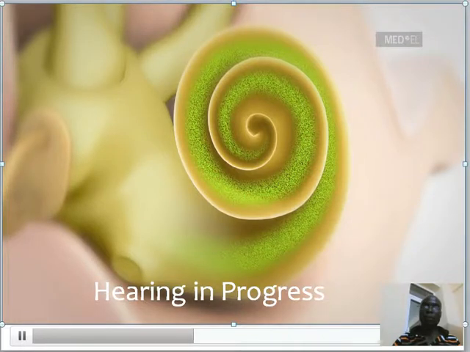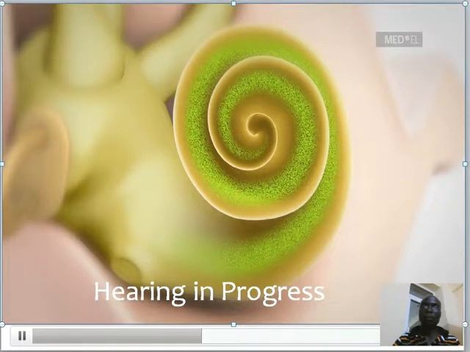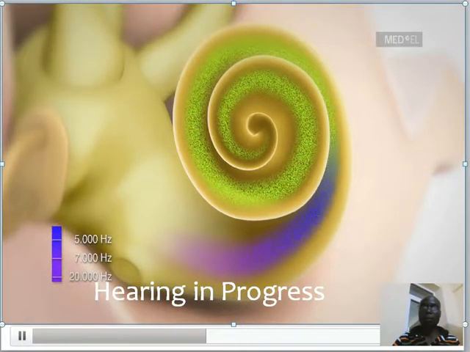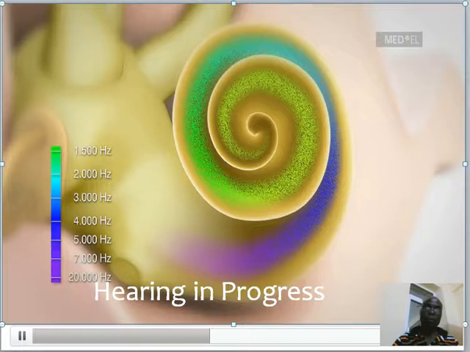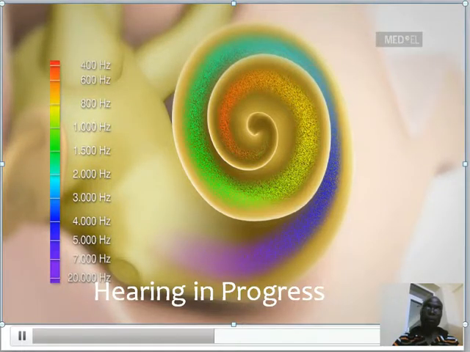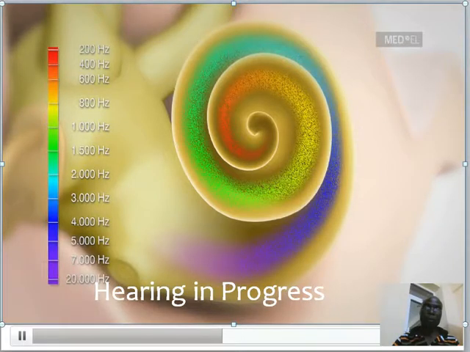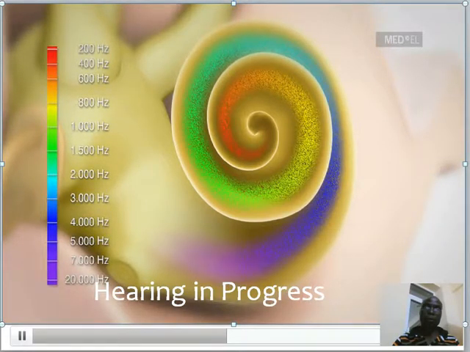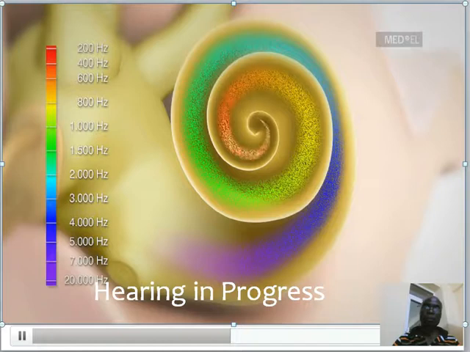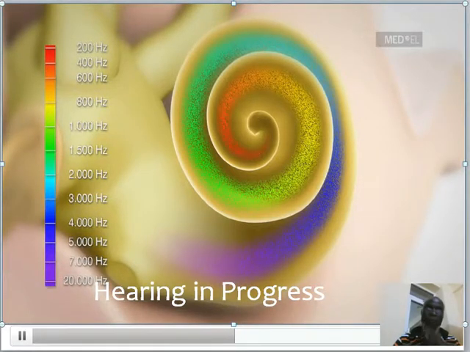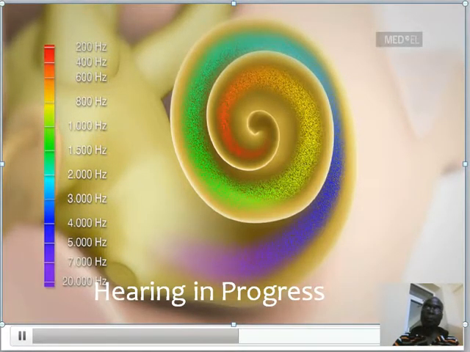The change from mechanical vibration to electrical pulse is a complex process resulting from the movement of hair cells in the cochlea. Along the entire length of the cochlea, the hair cells are arranged like the keys of a piano. Hair cells located at the base or lower region of the cochlea are responsible for high frequencies, while hair cells at the apex are responsible for the low frequencies.